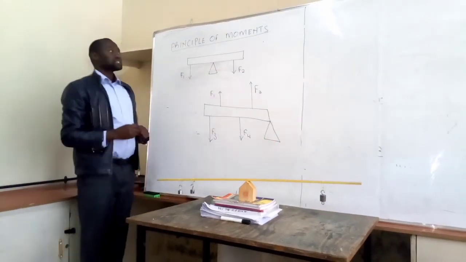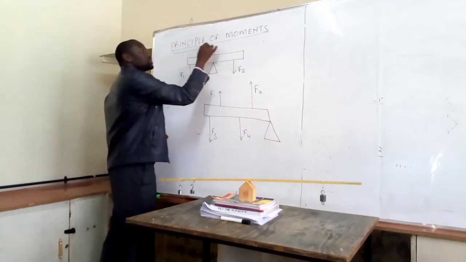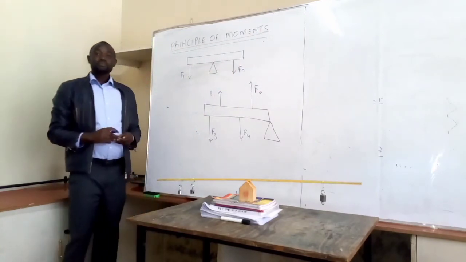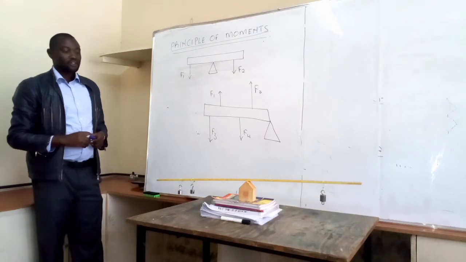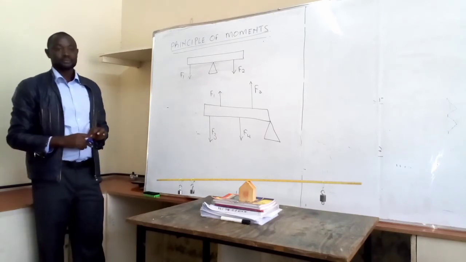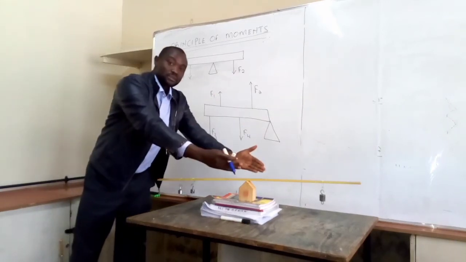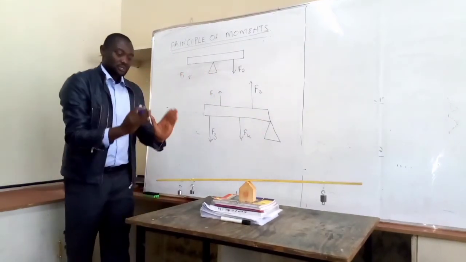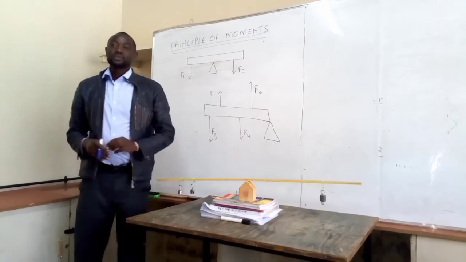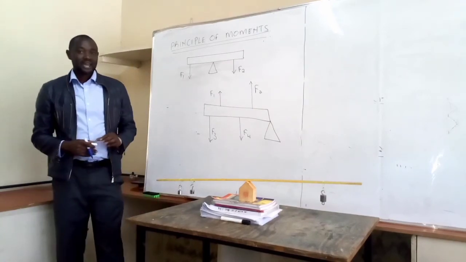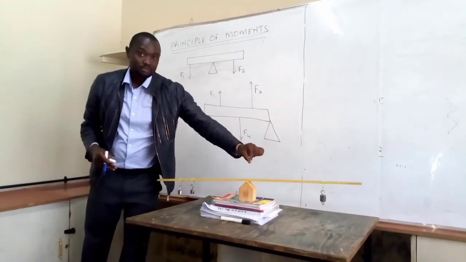And that brings us to the principle of moments, which simply states that for a system in equilibrium, the sum of clockwise moments equals the sum of anti-clockwise moments about the same point.